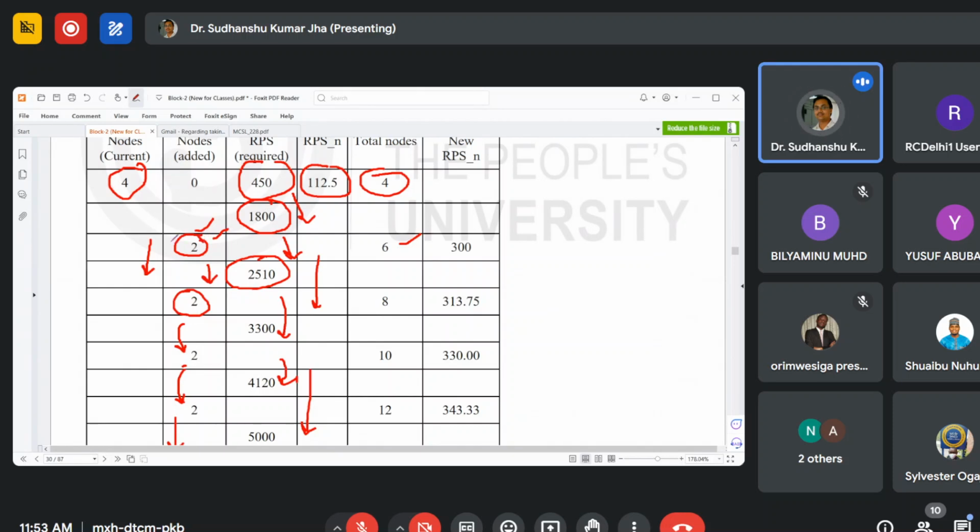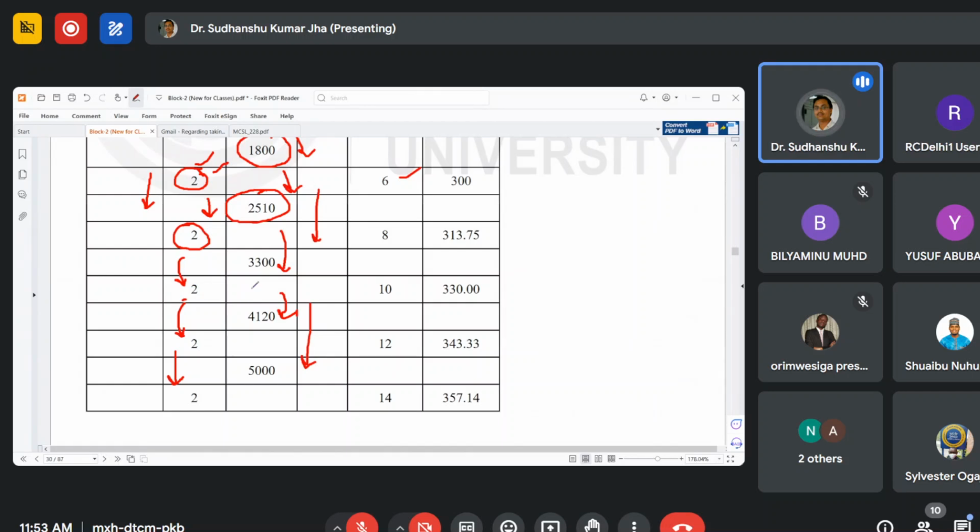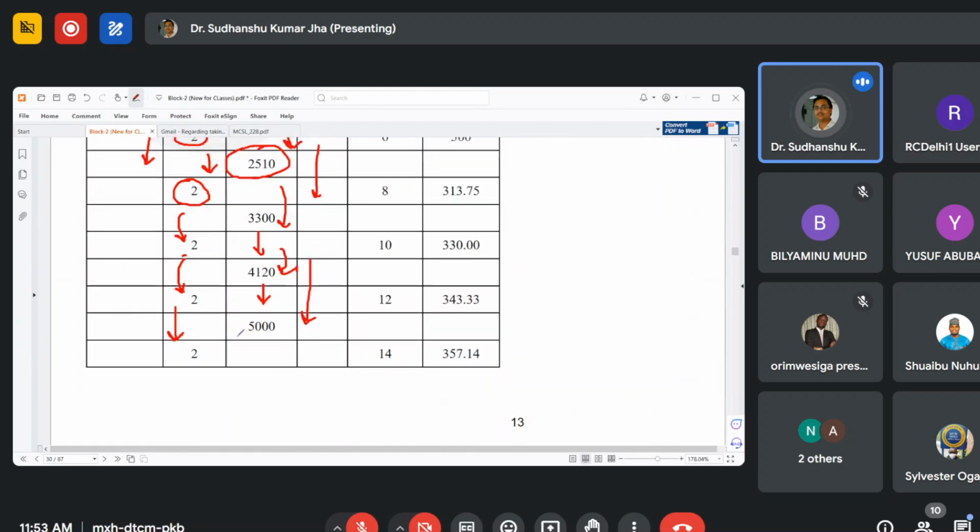This is the case with the fixed scaling up concept. Sometimes you may have a very large workload, a very large RPS difference, or sometimes a very small RPS difference.